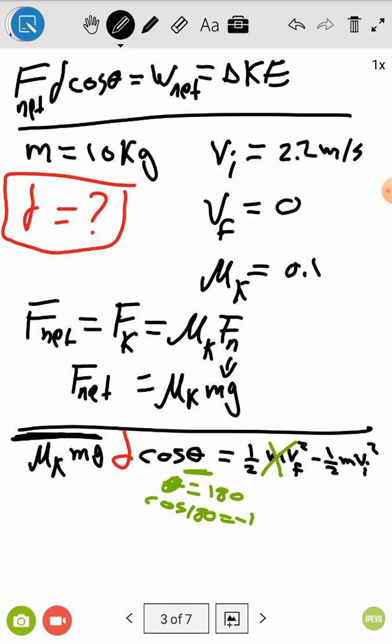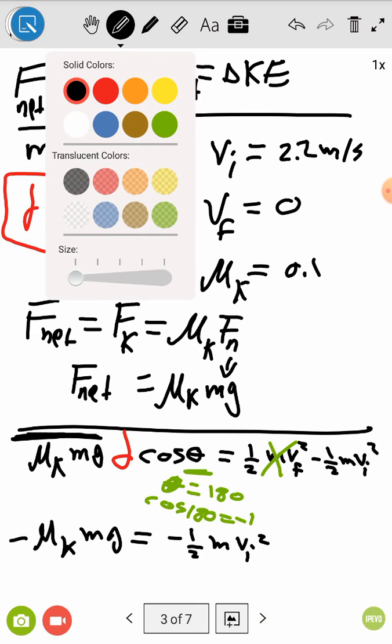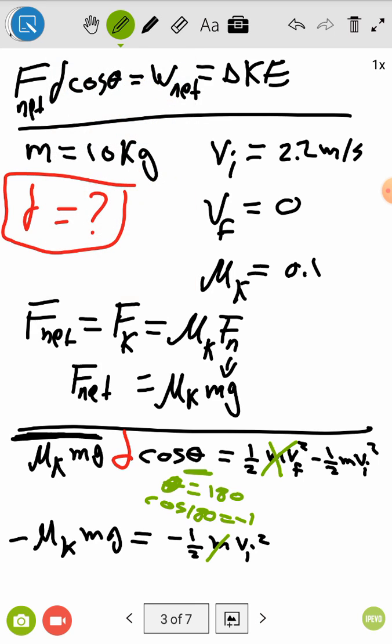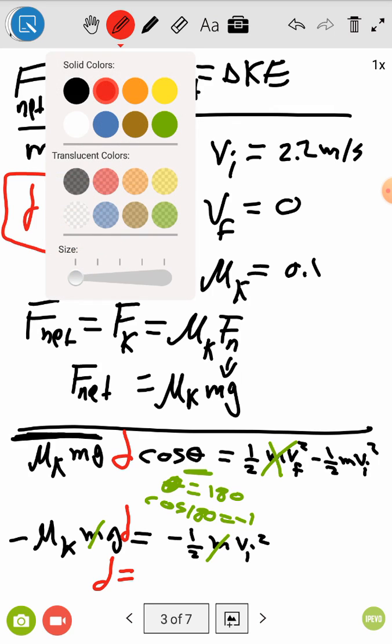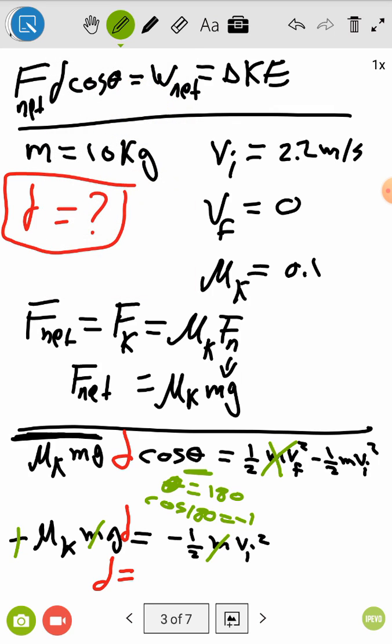So you can write minus mu K m g d equals minus half m v initial squared. I forgot to write d. There is m on both sides, so you can cancel m with m, and you can keep d alone on one side, and cancel the minus sign together also.